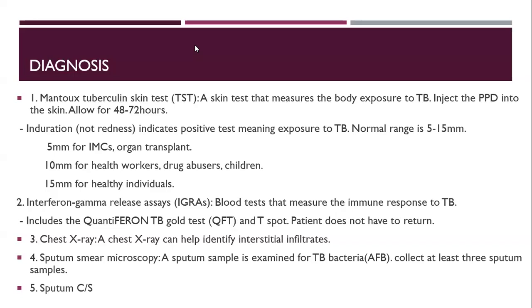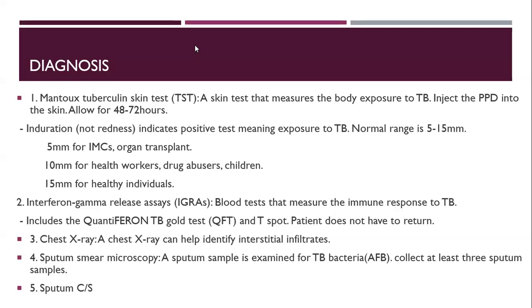Because their immune systems are compromised, we don't need 15 to see the exposure. Their immune systems are not strong, so with slight exposure they begin to have the induration, or the bacteria begin to have effects on the body. So for immunocompromised and organ transplant patients, it should be 5 and above.